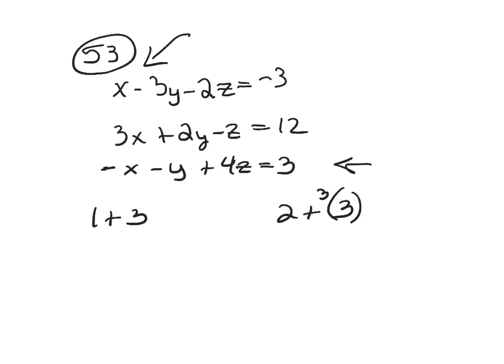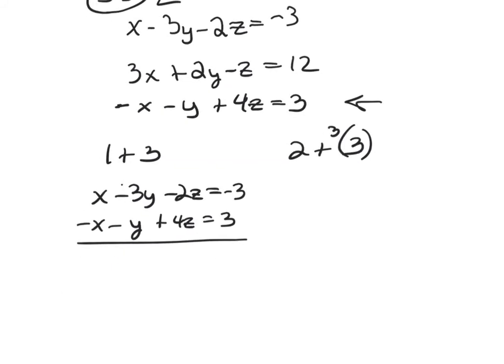Again, it really doesn't matter what you try to eliminate. So 1 plus 3, x minus 3y minus 2z equals -3. And then -x minus y plus 4z equals 3. That cancels. I'm left with -4y plus 2z equals 0.